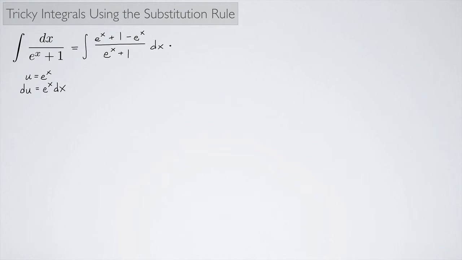But now look what happens. I can rewrite this as, if I break this into 2 different fractions, I have e to the x plus 1 as my first part, over e to the x plus 1, minus e to the x over e to the x plus 1. And all of this whole thing dx. This is just 1. I know how to integrate that.